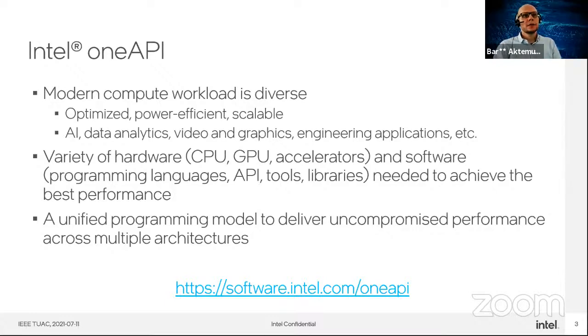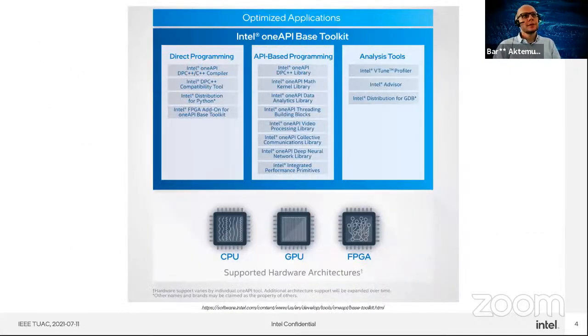So One API is a very large initiative by Intel. And the goal here is to provide the programmers with a unified programming model so that they can deliver uncompromised performance across multiple architectures. To illustrate this, what programmers want is optimized applications.